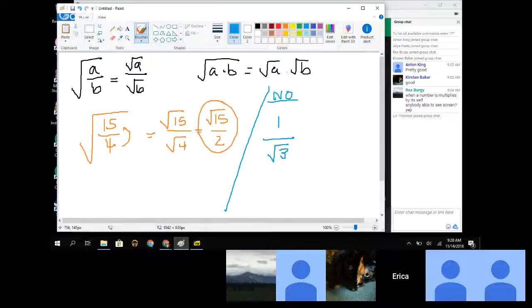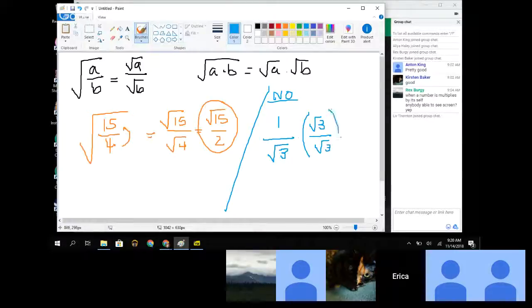So if you ever simplify something and you end up with a square root in the denominator and no square root in the numerator, we need to get that square root out. Okay? So how you do that is you multiply by whatever that square root in the denominator is.